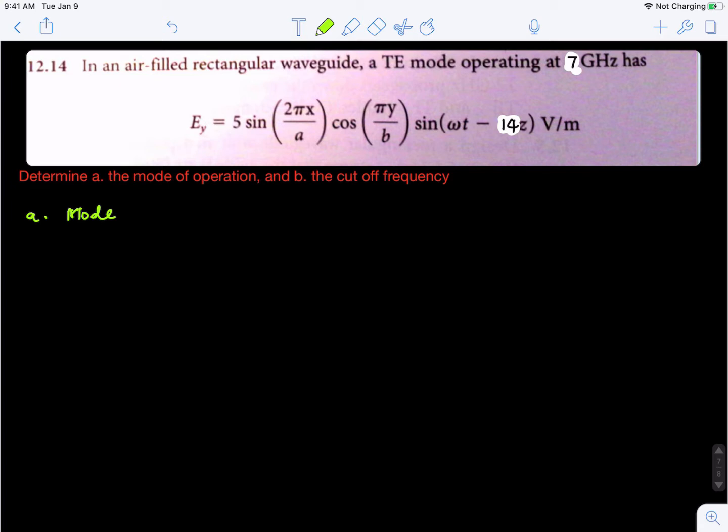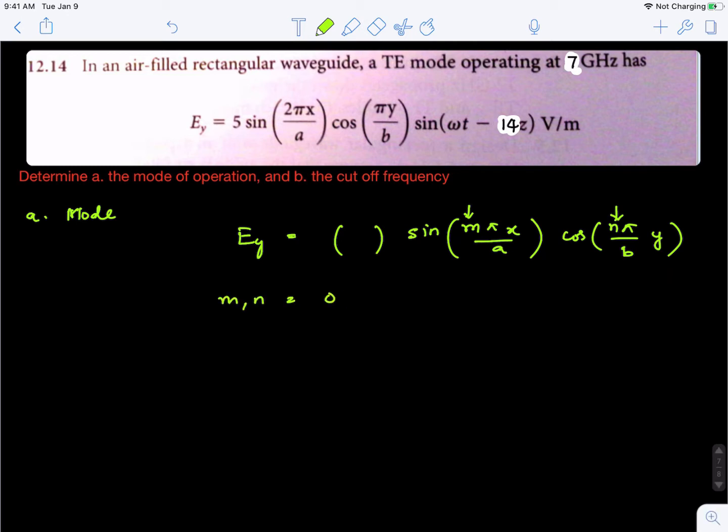If you look up the textbook, you will find that Ey would have some constant followed by a sin(mπx/a) cos(nπy/b). What the m and n here mean is they are the mode numbers. So mn could be 01, 10, 11, 20, and stuff like that.